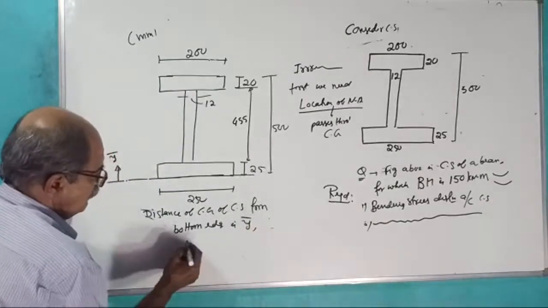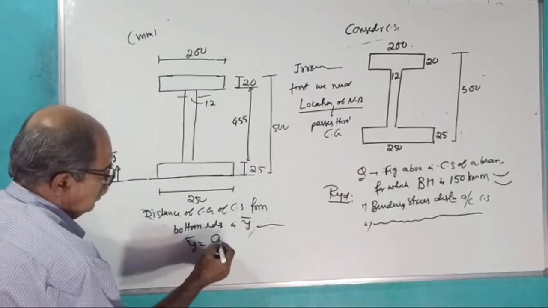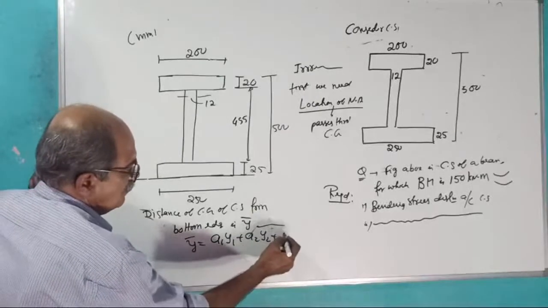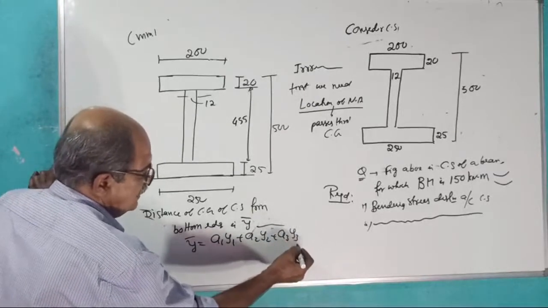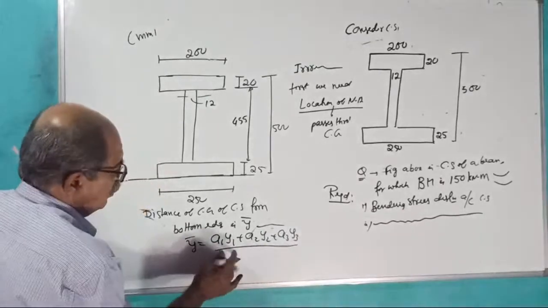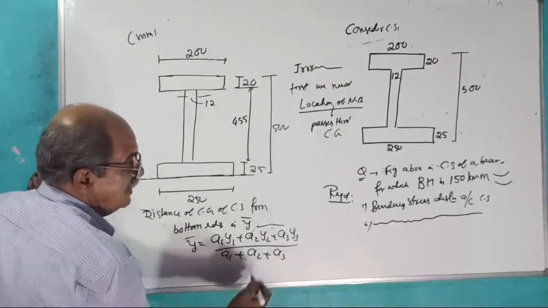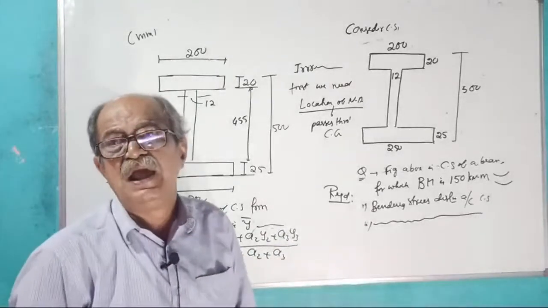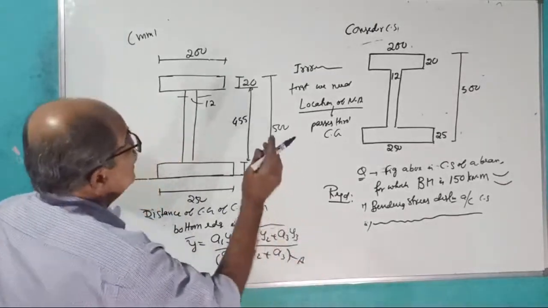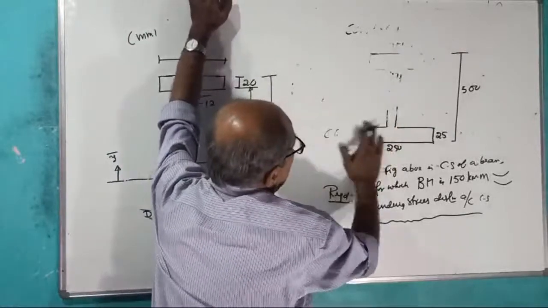Y bar is given by y bar equal to A1 y1 plus A2 y2 plus A3 y3 divided by total area, or you can tell A1 plus A2 plus A3. Usually I tell divide by total area, or remember this is nothing but total area. Start. Equal to, I write here now. That dimension required, okay, 1 minute.